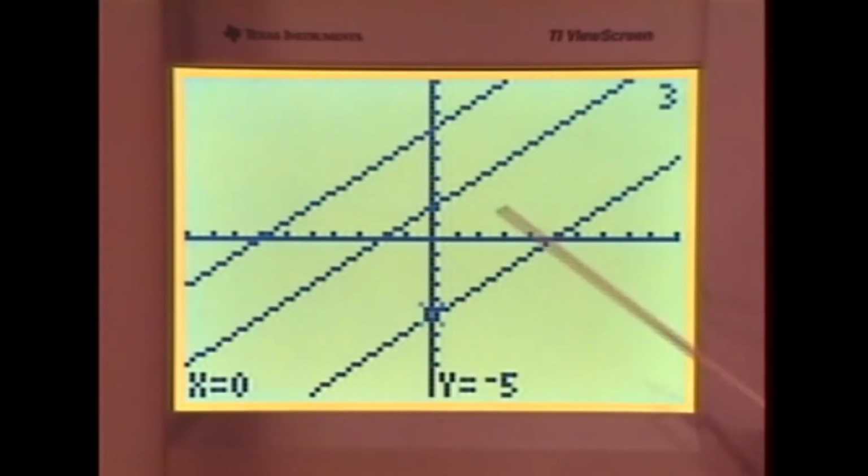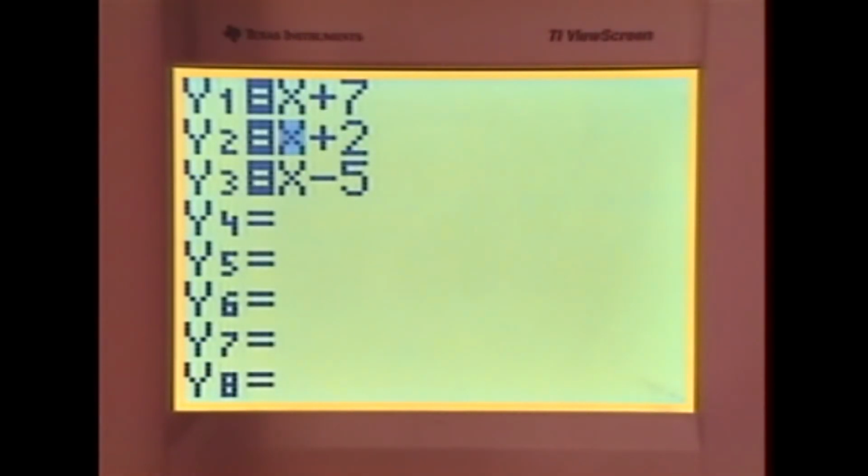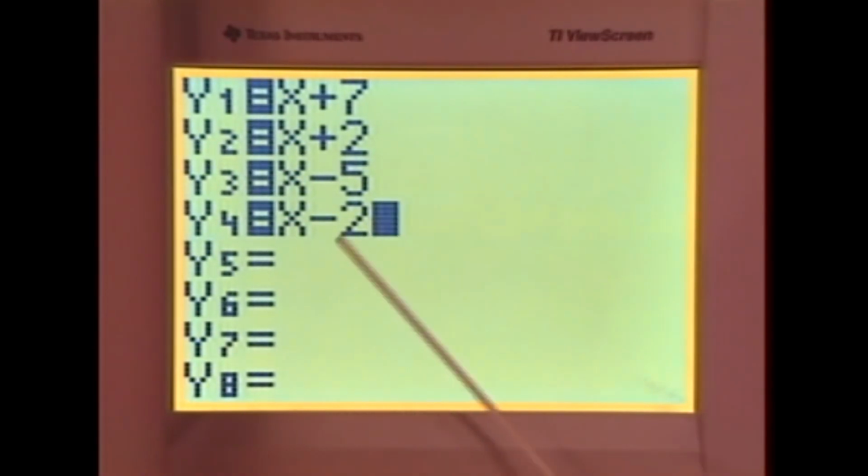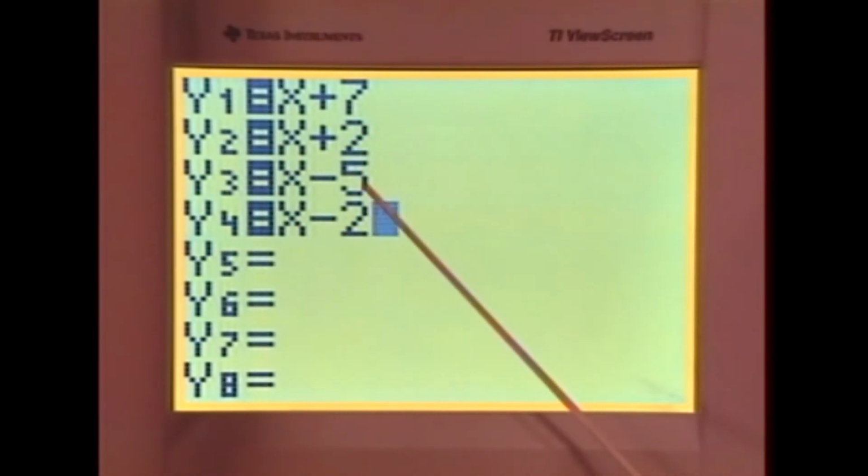Okay, this was x plus 7, this was x plus 2, this is x minus 5. So what line might fit in here? Well, let's take a b value between 2 and negative 5. 2 is in this function, negative 5 is here, so what value would you like to pick? Well, let's pick x minus 2, for example. Minus 2 is definitely between 2 and negative 5.